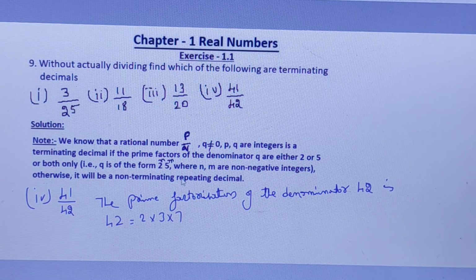So it is not of the form 2 power n 5 power m, right? So it has 3 and 7 as prime factors. Therefore, 41 by 42 is not a terminating decimal.